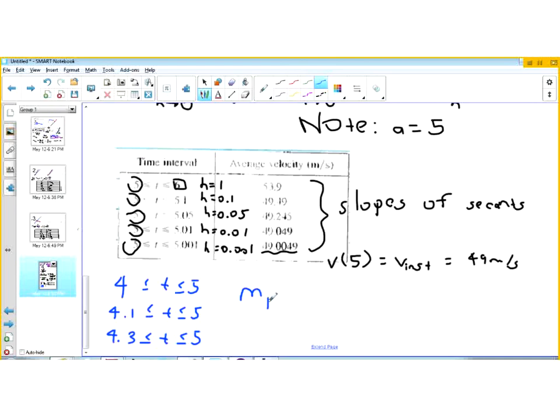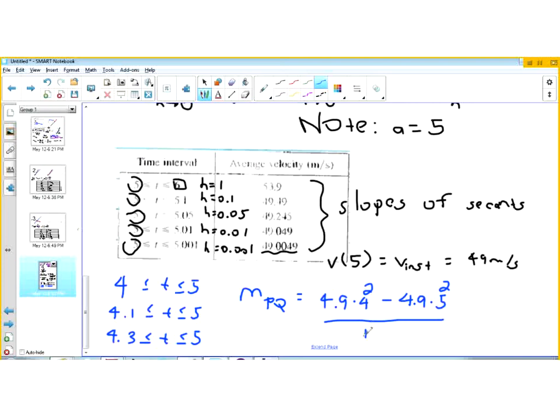So in this case, the secant line m_PQ would be the ordinate of Q, which is, I'm sorry, not 5, but 4.9 times 4 squared minus the ordinate of P, which is 4.9 times 5 squared, and the numerator is a negative number, right?